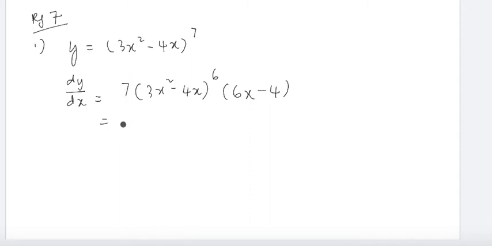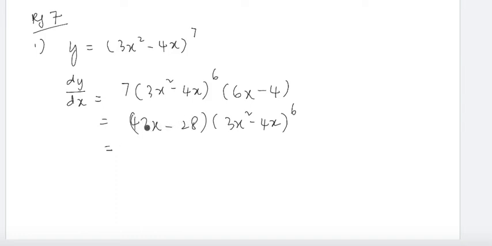Okay, so here, you multiply inside: 7 times 6 is 42x, 7 times 4 is 28. And this one, copy. And also I can factorize. 42 and 28 are quite big.